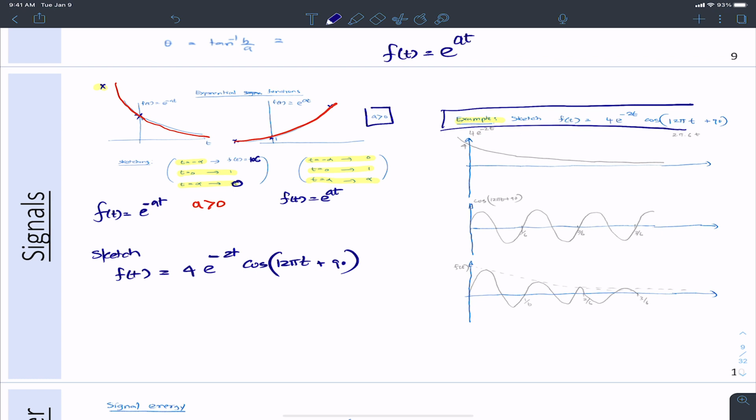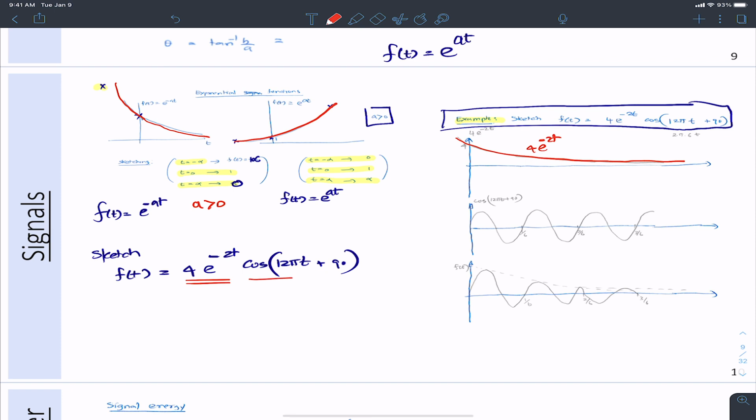We have to plot 4 times e to the power minus 2t. That's already plotted here instead of 1. It is an approximate sketch, it doesn't need to be to scale or anything. So that is 4 times e to the power minus 2t.